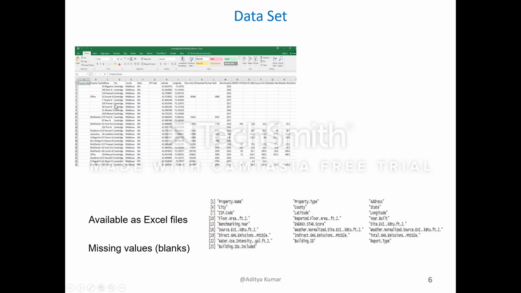It also has a lot of blank values. As you can see, several of the columns are blank, so these blank values were removed before I started the data processing, and all of this data is available as Excel files. The blanks are removed, and this is another plot showing all the columns of the data set.